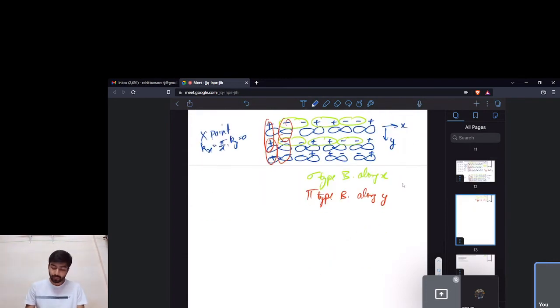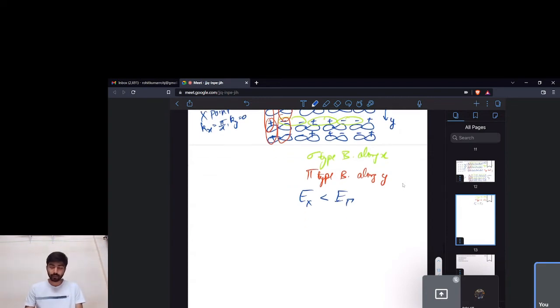So it can be said that energy at X point is lesser than energy at gamma point. Right, so far we can say this.